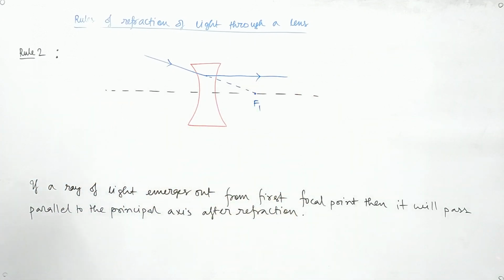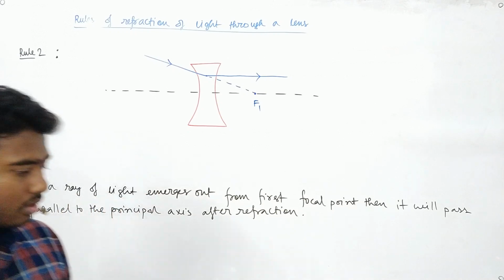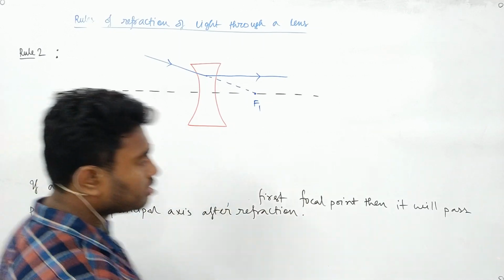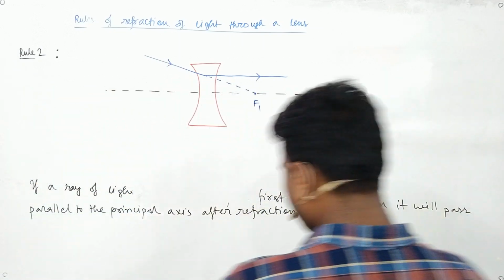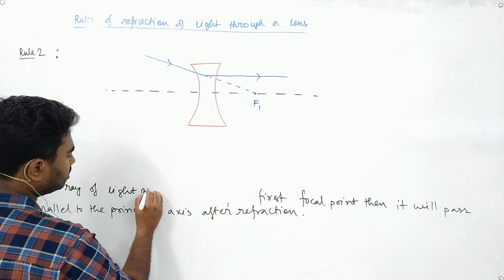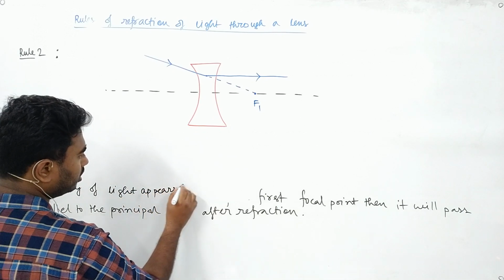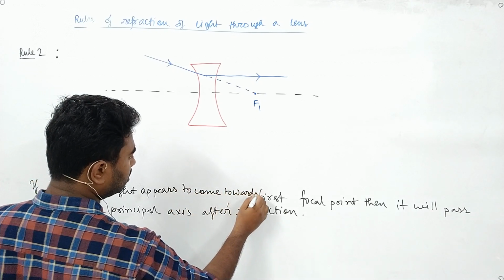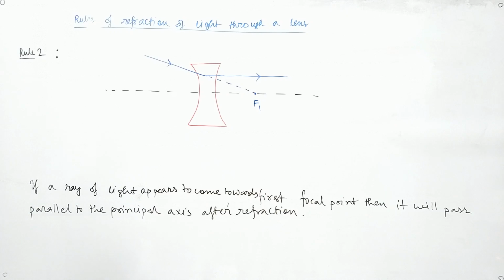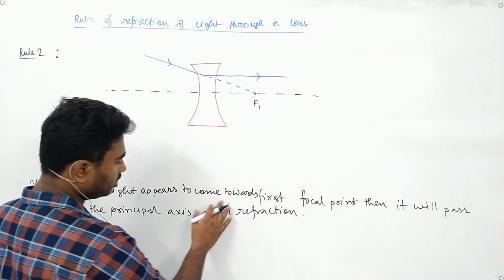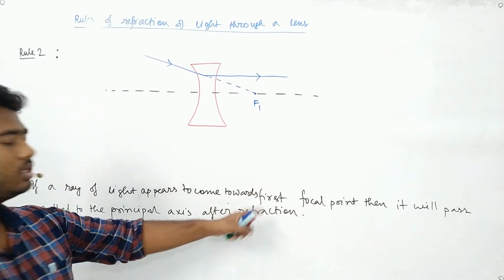Okay. So for concave, if a ray of light appears to come towards the first focal point, then it will pass parallel to the principal axis after refraction.